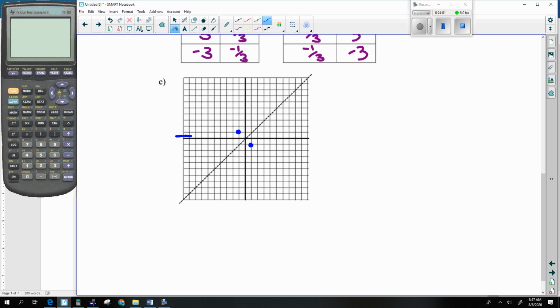So 1 over x looks like this. So there is the 1 over x, and the inverse is also a 1 over x.